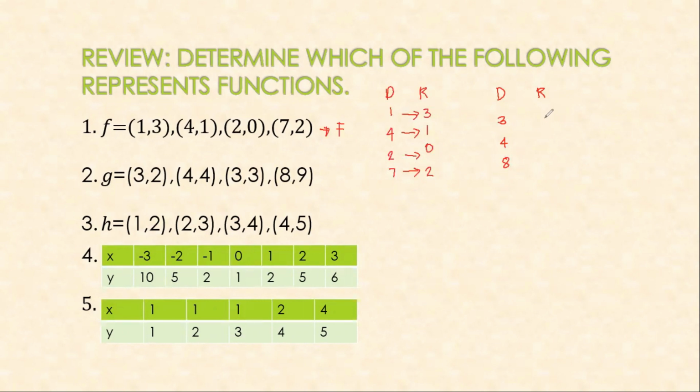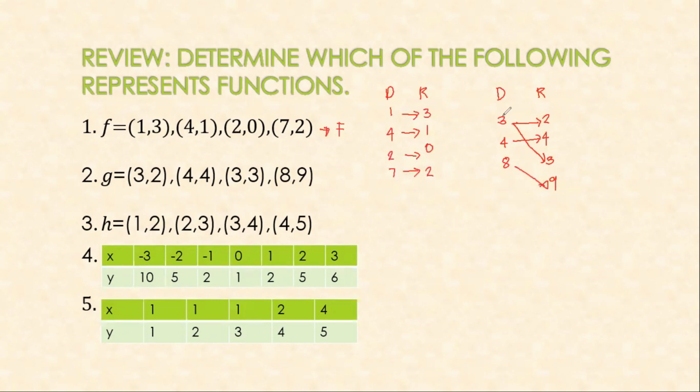And for the range, we have 2, 4, 3, and 9. So we're going to check the correspondence of the elements of the domain to the range. So 3 is paired with 2 and with 3. And our 4 is paired to 4 and our 8 is paired to 9.